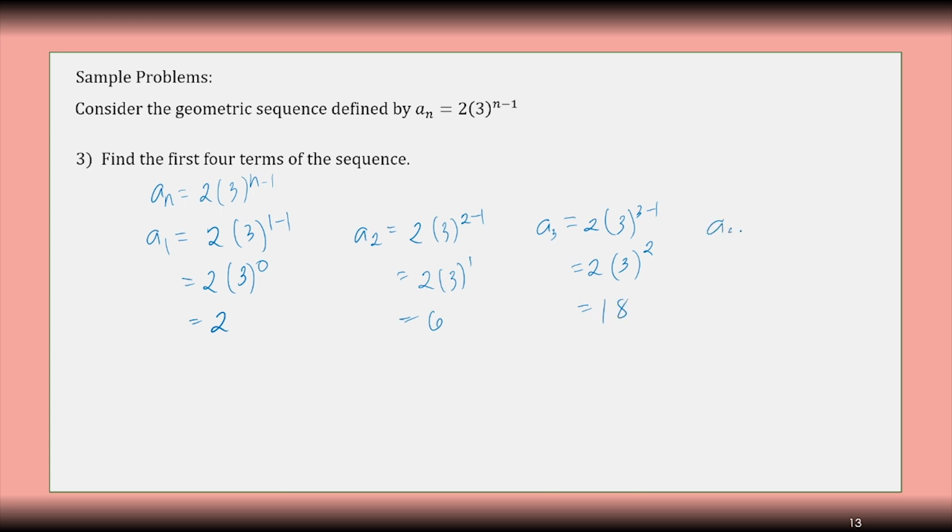Then a sub 4: 2 times 3 to the power of 4 minus 1. 4 minus 1 is 3. 3 cubed is 27. Then 2 times 27 is 54.